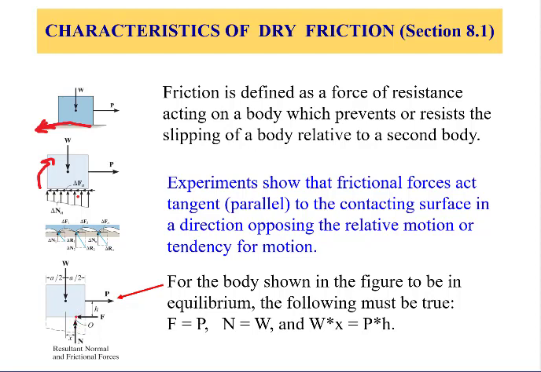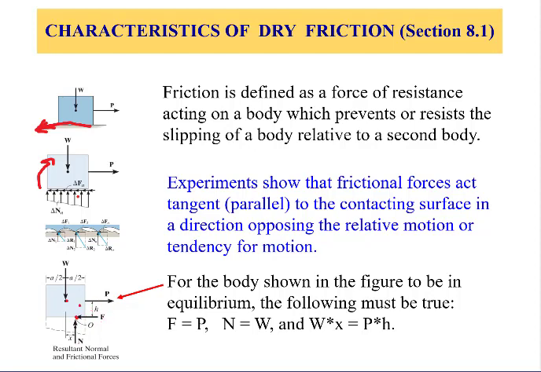So we assume it to be over here. Since this assumption requires a quantitative value, and also requires us to validate it, we will begin by assuming that the reaction force N is located at a distance x from the center of that object. Now the friction force is tangent and it's a free vector, so it could be anywhere along here. So we choose to apply it at the same point where the reaction force is.